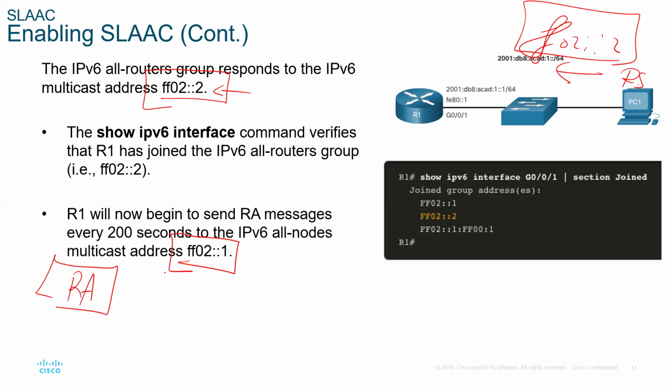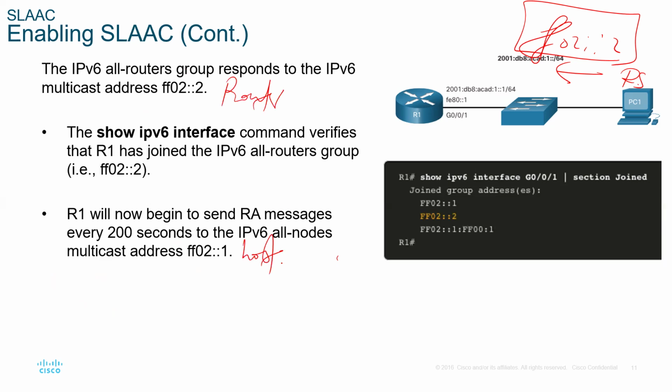This multicast group is what we call the all node group, which is the broadcast version of IPv6. So recognize these multicast groups. I think they're becoming important at this stage. This one is for routers. Then this one is for hosts.